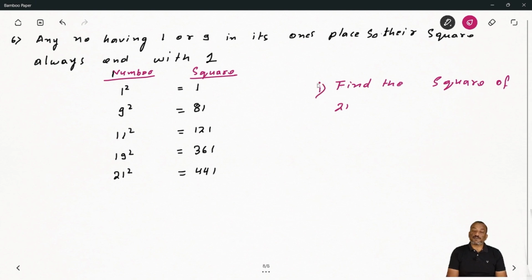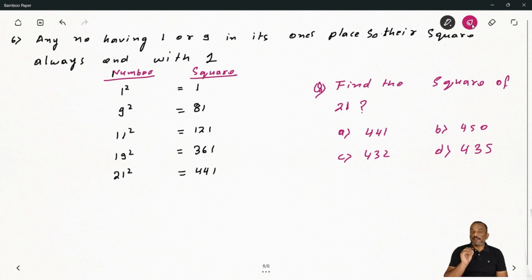So the question is given, and you are given the options. Suppose option A is 441, option B is 450, option C is 432, and option D is 435. Okay, so you can see this 21, ones place is what is present? 1.